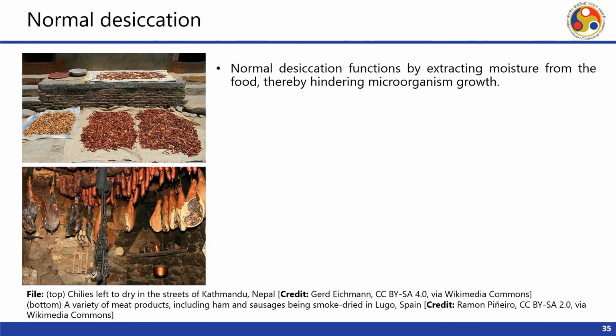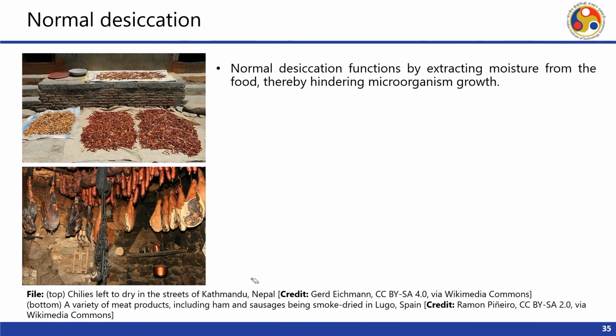So, in normal desiccation, the removal of moisture from the food takes place, thereby hindering microorganism growth. In this picture you can see chilies left to dry on the roadside with the use of freely available sunlight. Then you have a variety of meat products including ham and sausages being smoke dried in the lower picture.